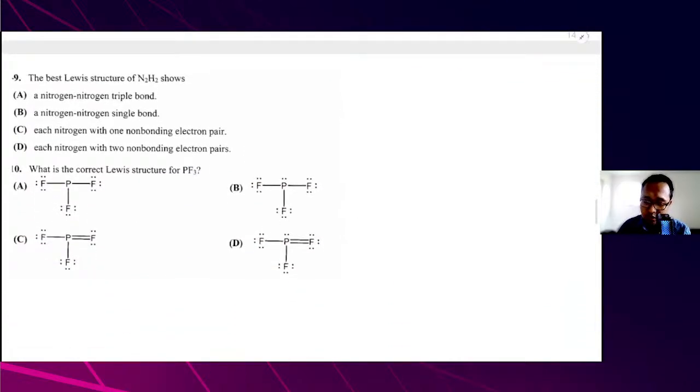Again, the best Lewis structure for N2H2. N has 5, 5, so it should be 10, right? H should be 2. So the total is 12. Okay. Now, let's see.